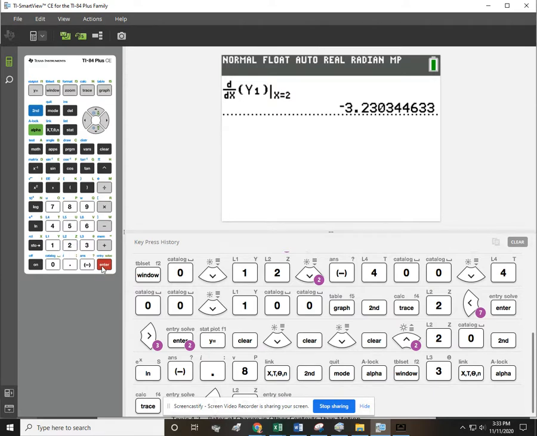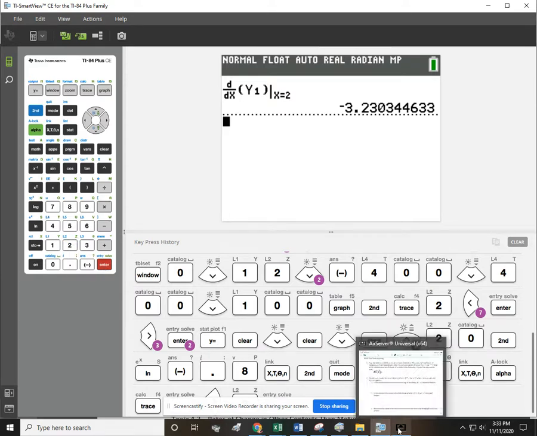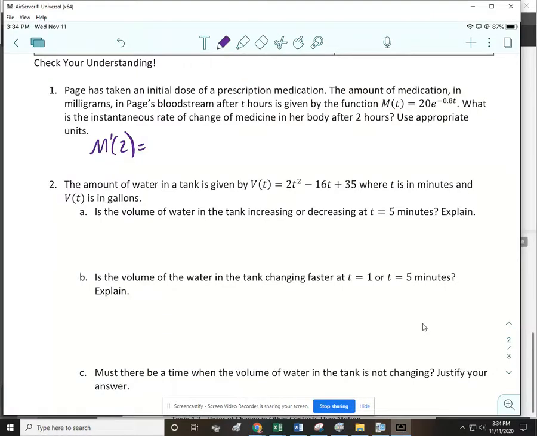All right, there it is. Don't forget, and I know I've told you this a lot, we want to be accurate to 3 decimal places, and we do want to use appropriate units. The original M of T was the amount of medication in milligrams, and T is in hours, so the derivative should be milligrams per hour.